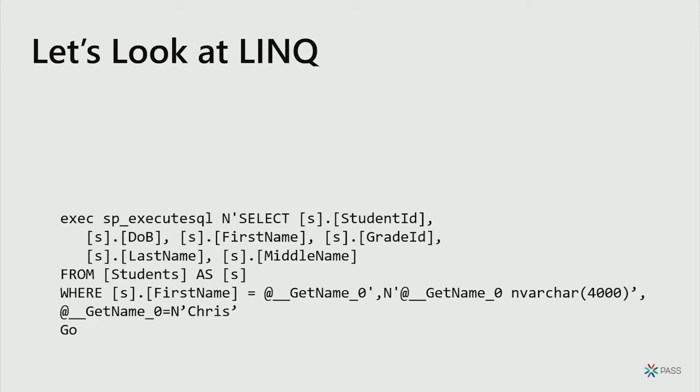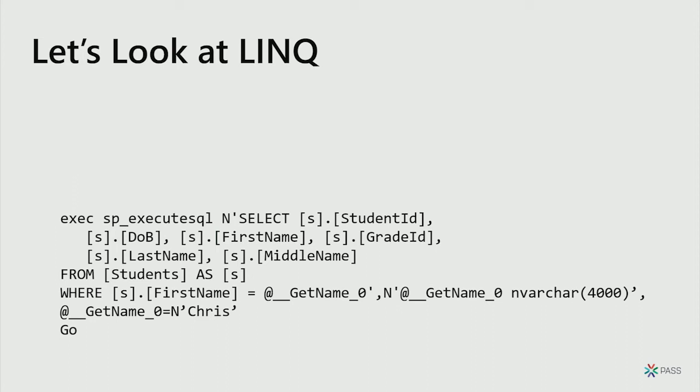But first I want to take a look at when it creates that parameter, that underscore get name underscore 0, and it says nvarchar 4000. So Entity Framework Core, and it was Joe, right? Joe and I were talking at lunch. And that is really inefficient.